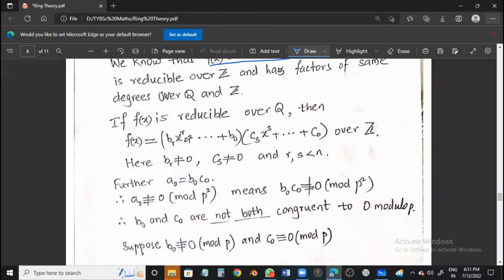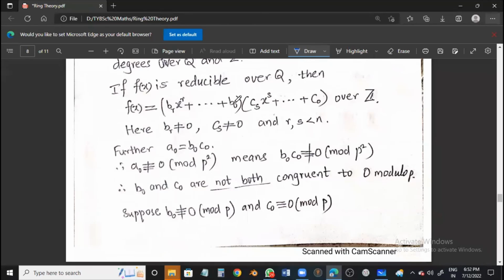So you can see the factorization in terms of degree r and degree s. How will r and s be? Both will be smaller than n, then only this factorization is possible. And the leading terms should not be 0, and only then will those be called degrees. So this is what we have stated.